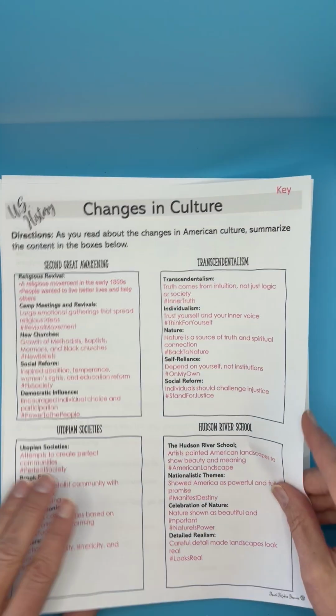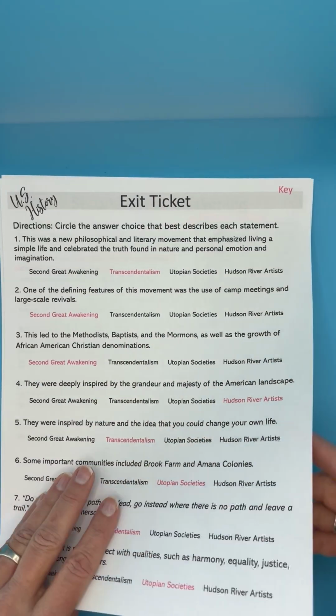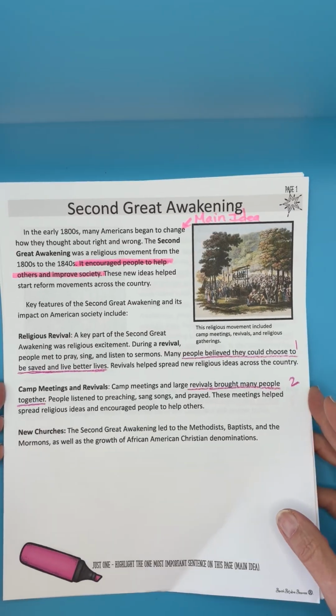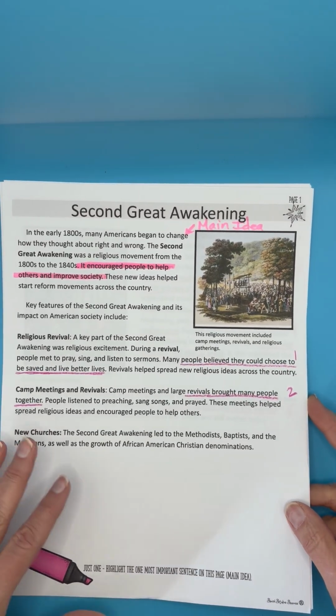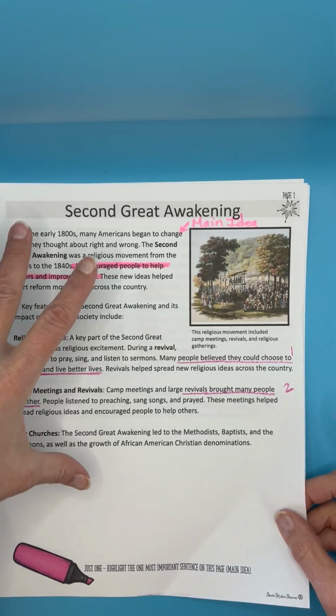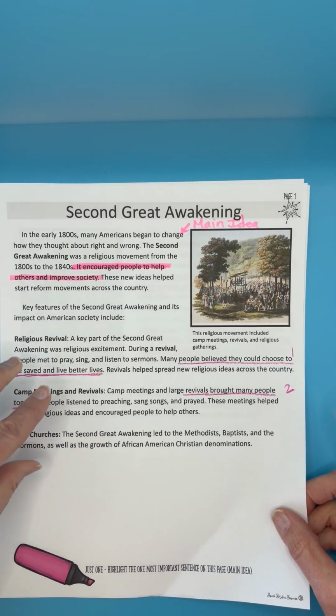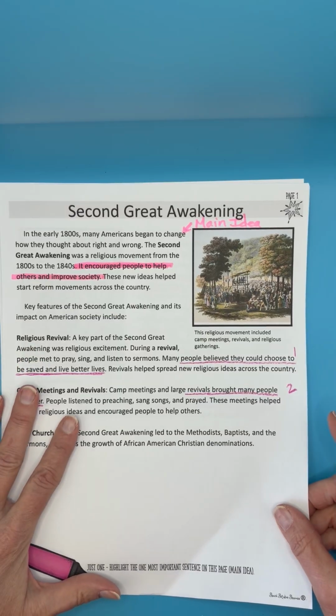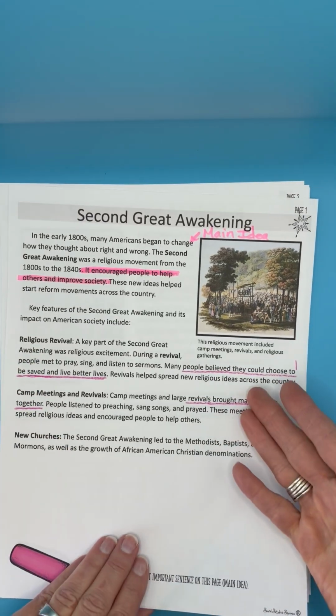Here's a key, and just a note. Part of this lesson has another version of it, an EB-friendly version, where we've taken the text and pared it down even more and made sure that some of the terms and vocabulary used are accessible. They look the same, essentially.